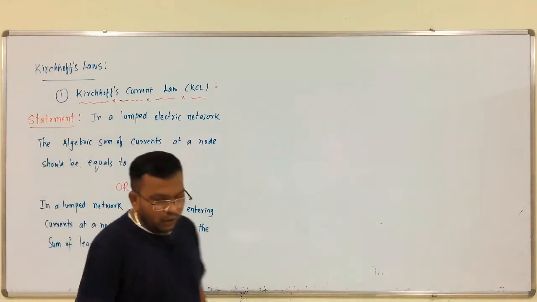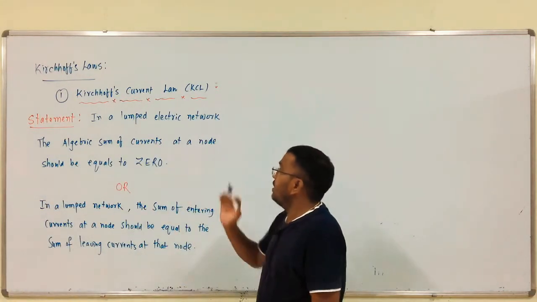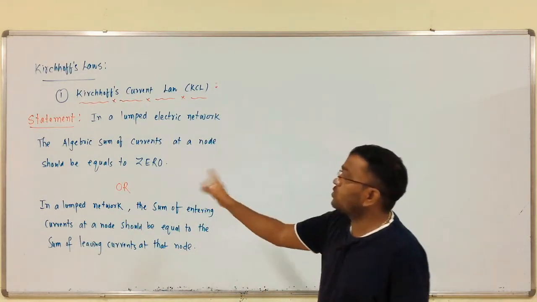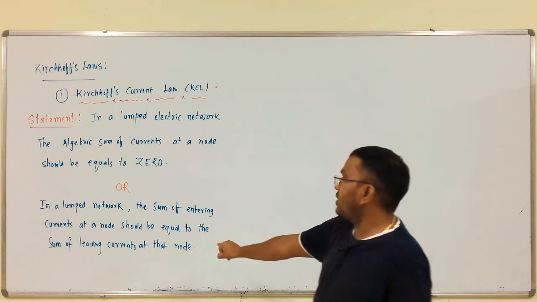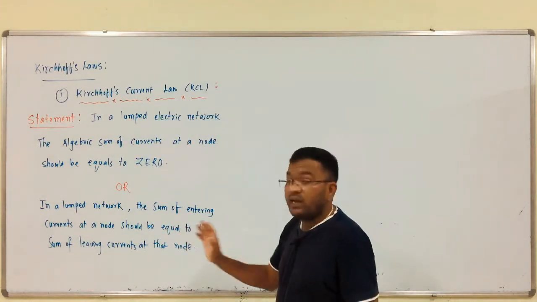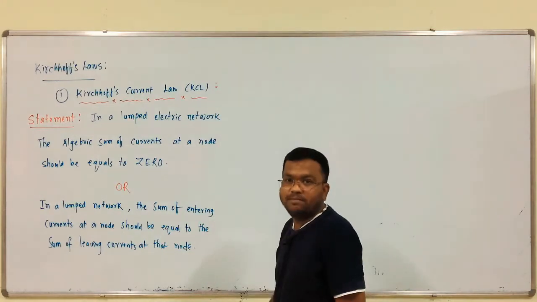So, we have two types of statements, that is, in a lumped electric network the algebraic sum of currents at a node should be equal to 0, or in a lumped network the sum of entering currents at a node should be equal to the sum of leaving currents at that particular node.